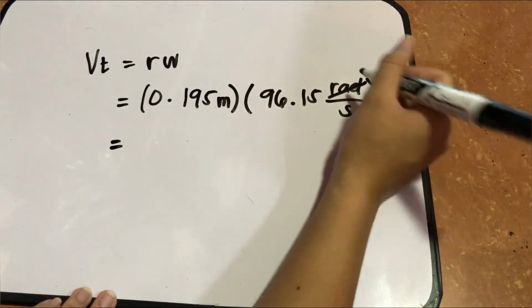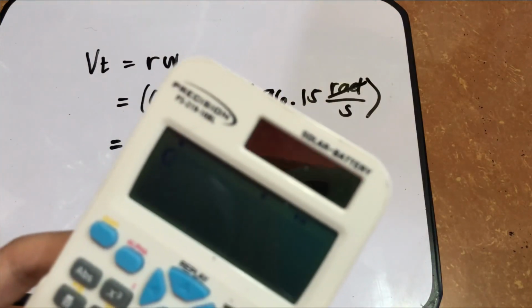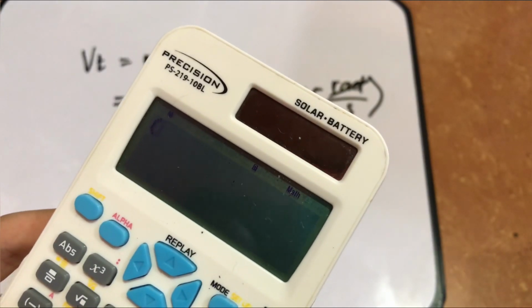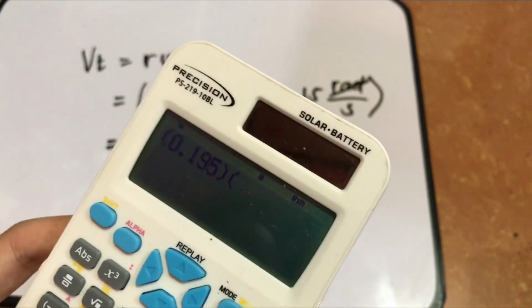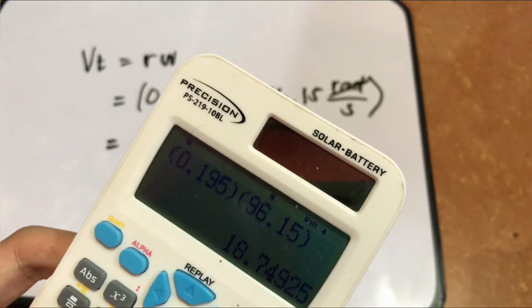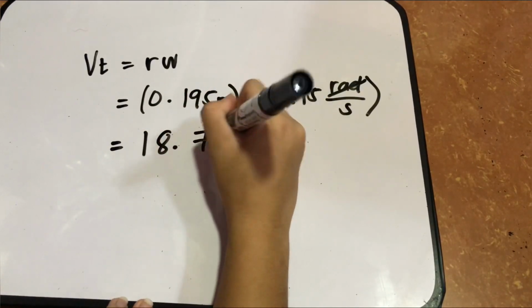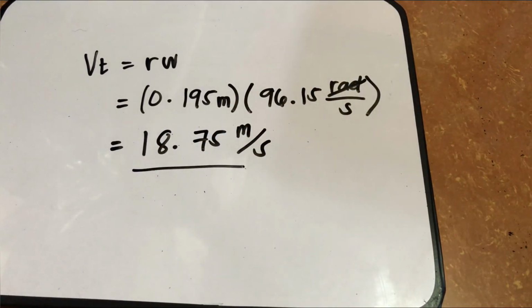Mawala na ning radians. So, ang answer ani kay 0.195 times 96.15. So, mahimo na ni siyang 18.75 meter per second. So, mao ni siya ang tangential speed sa outer edge sa turntable.